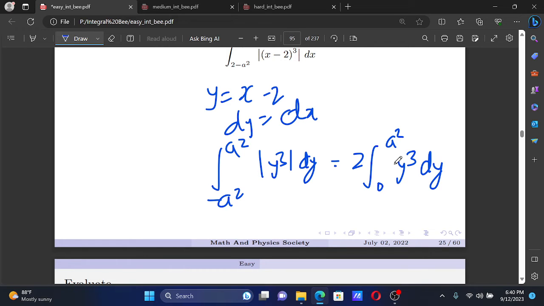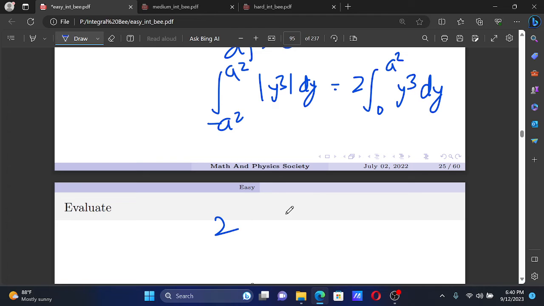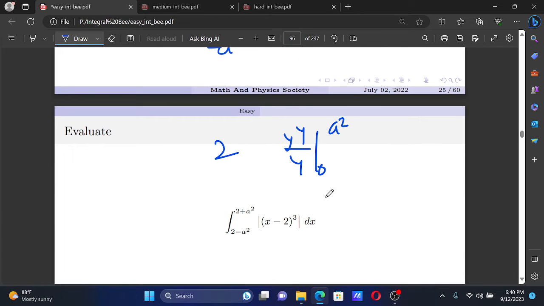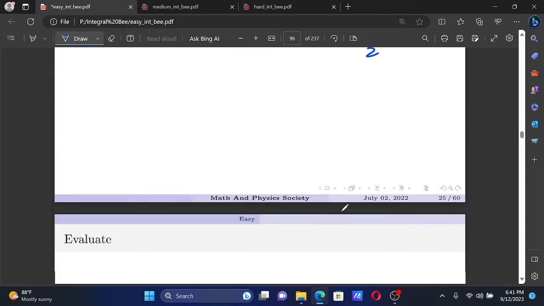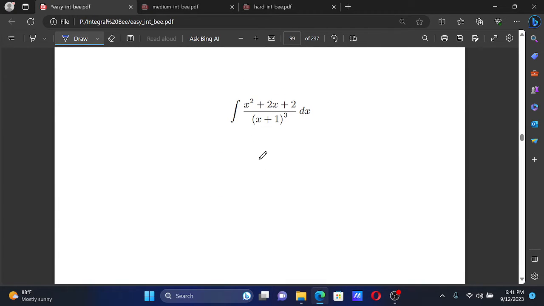Now we can remove the modulus since all the values here are positive. So this is 2 times y to the power 4 by 4 from 0 to a square. So that's 2 times a to the power 8 by 4. That is a to the power 8 by 2. That's the answer.